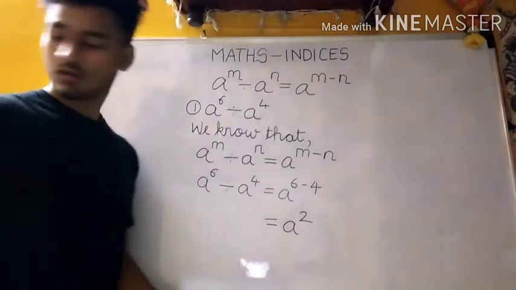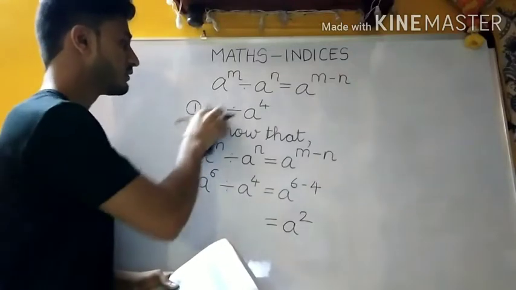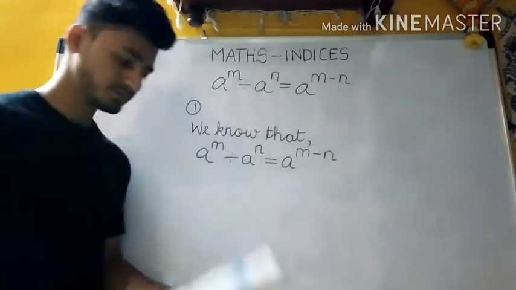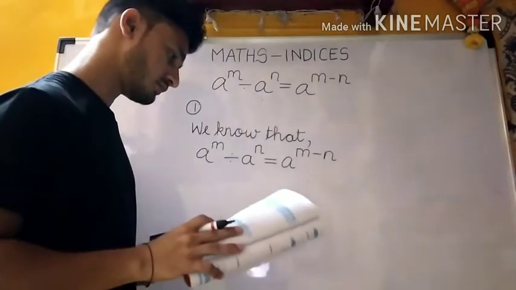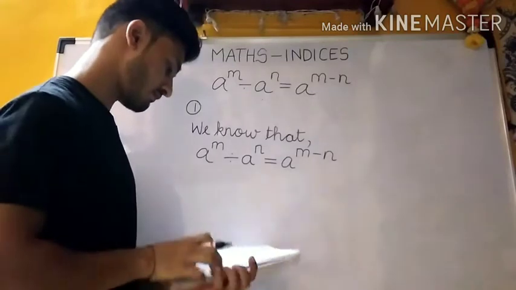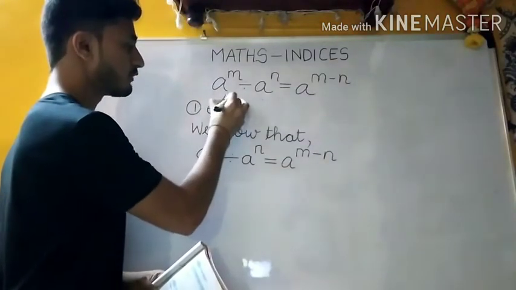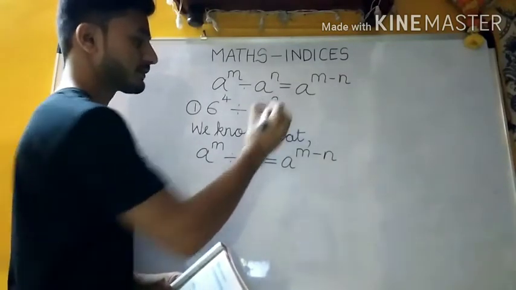We will now take another example: 6 raised to the power 4 divided by 6 raised to the power 3.